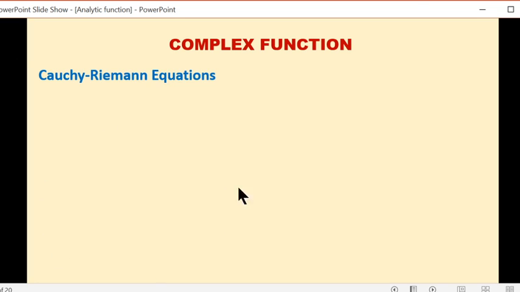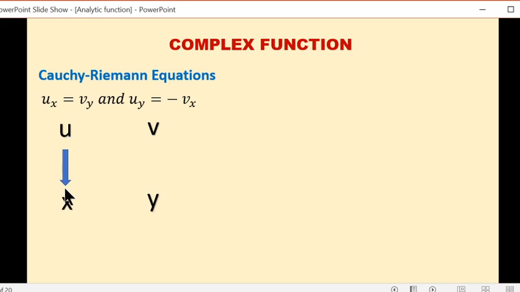So let us see how we can remember the Cauchy-Riemann equations. First let us look at the Cartesian form. What is the Cartesian form? ux equal to vy and uy equal to minus vx. Now I'm going to tell you how we can remember it. We write u and v, in the order they come in the alphabet, the real and imaginary parts of the function. Below that, we write the real part and imaginary part of the complex variable, x and y. Then we take it straight: if you differentiate u with respect to x, you get ux.